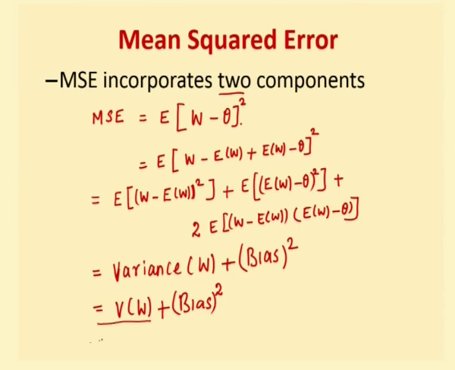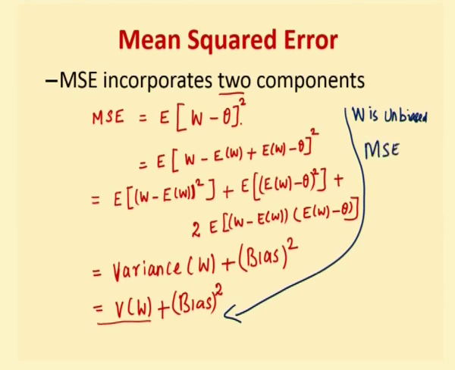Here one more observation we can make is, what happens if this bias is 0? What will happen if W is unbiased? If W is unbiased, this bias term will become 0, therefore MSE is systematically equal to just the variance of W.